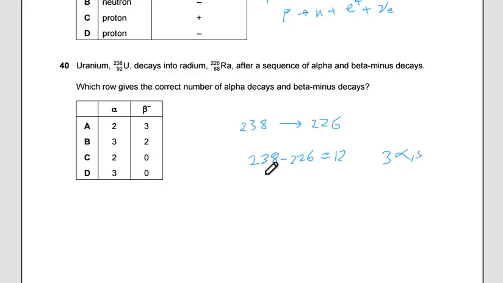But the problem is we have 92, the atomic number, minus 88, which gives 4, and for 3 alphas, the change in atomic number should be 6. So there is an increase of 2, which comes from beta. So it is 3 alphas and 2 betas.